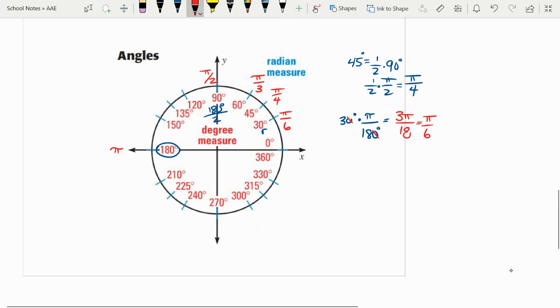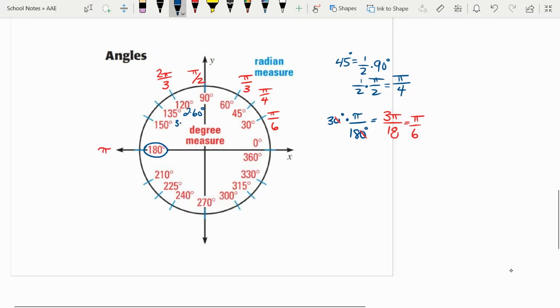So there are these first quadrant angles, we call them, right? Pi over 6, pi over 4, pi over 3. The rest we can all get by doing multiples of these. So for 120 degrees, that's really 2 times 60. So I'm just going to take pi over 3 and multiply it by 2. So this guy would be 2 pi over 3.